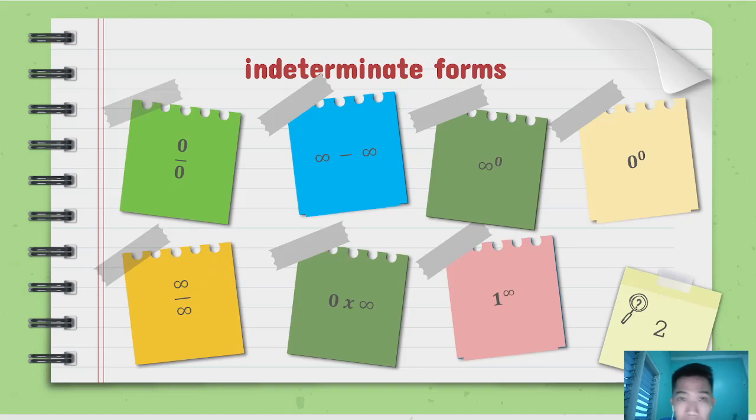But for this video, we will discuss methods that will evaluate a limit of a function that first comes up to an indeterminate form. Okay, we will talk now about two functions.